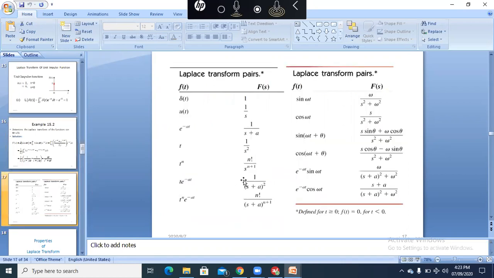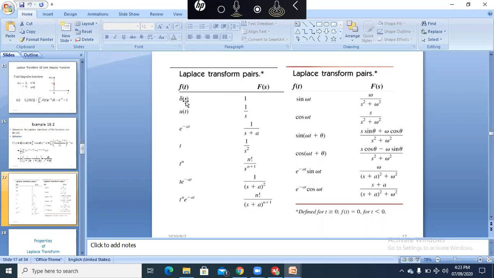Now we use the table to use Laplace transform in circuit analysis. Of course, we cannot solve these functions every time, but we memorize the values of these Laplace transforms.